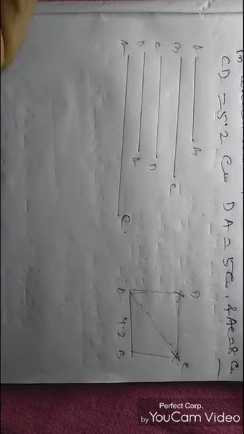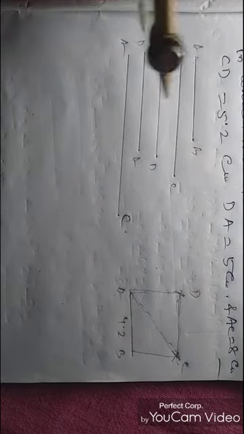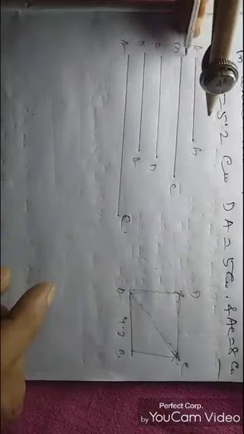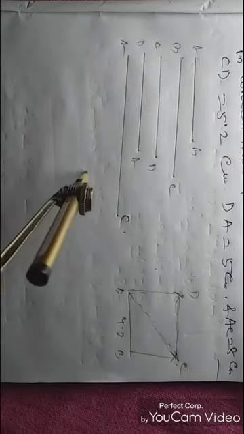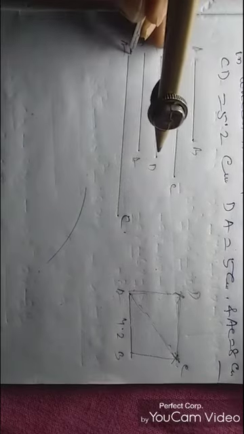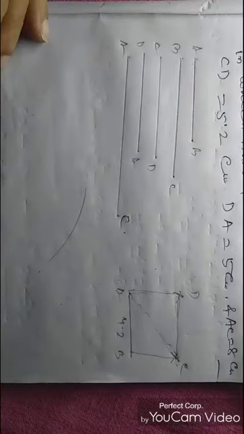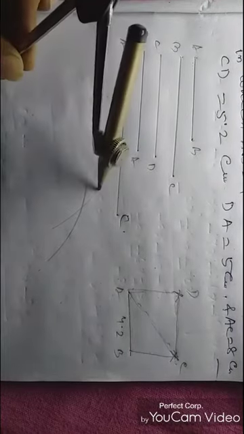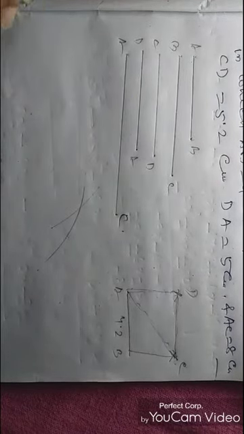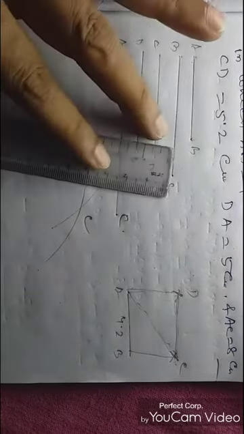It has come AB. Now AC and BC: measuring BC, take one arc over here, and with AC, 8 cm, you get another arc over here. So this point is now C. Join BC.